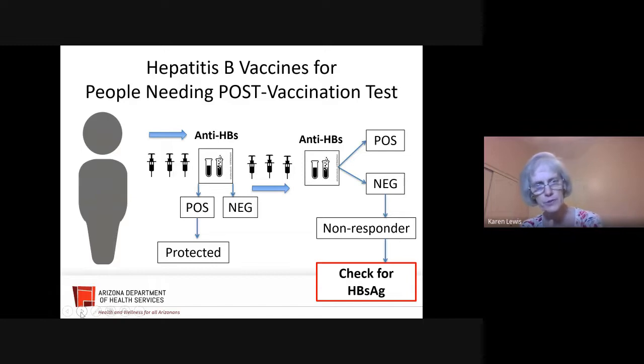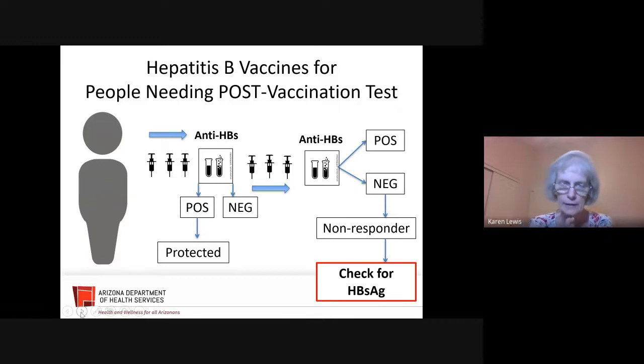So get the full series, and then at least a month later, since you don't have to wait for any waning antibody levels from the mom, a month or 2 later, get antibody to hepatitis B surface antigen. If it's positive, they're protected. If it's negative, go ahead and do the next series.